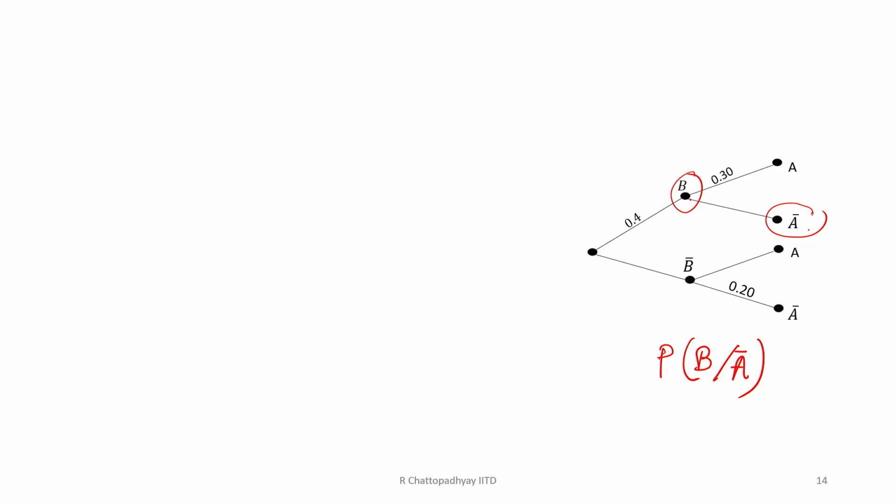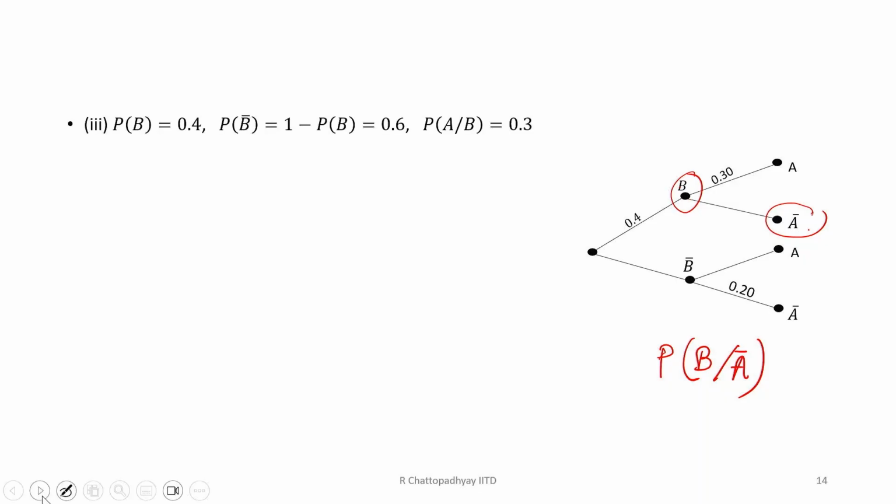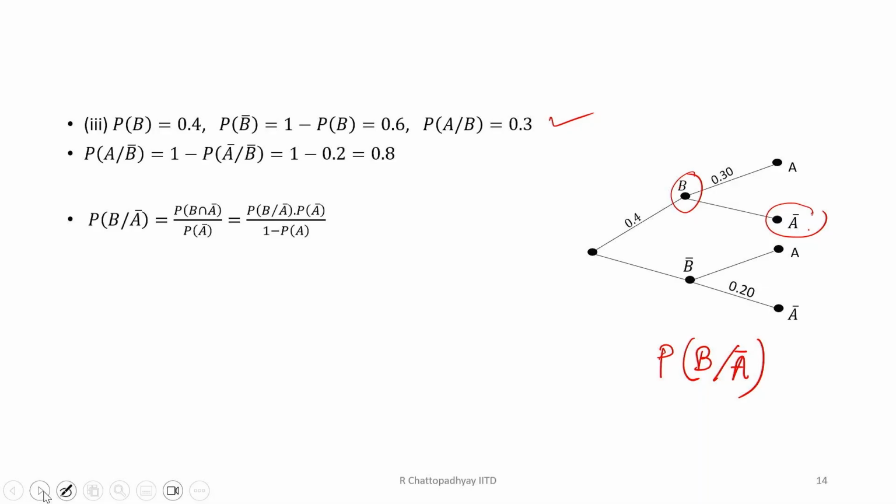P(A bar given B) is simple, but P(B given A bar) is not straightforward. So whatever we wrote earlier, all those values which are already given, we have written here again, so that we need not look back at the previous slide.